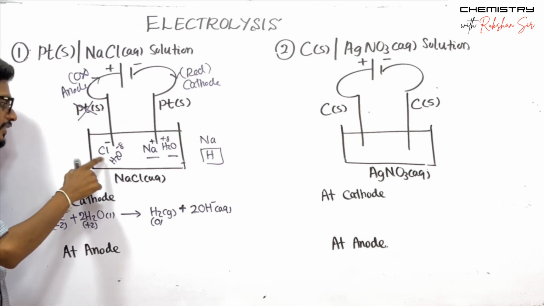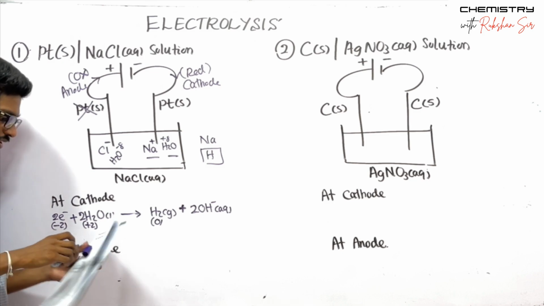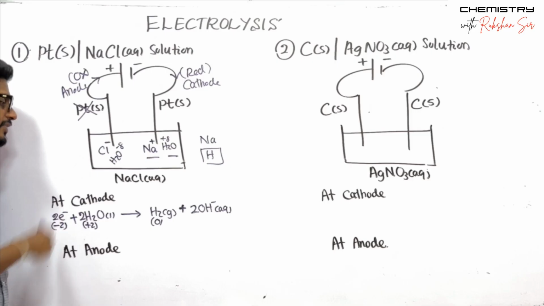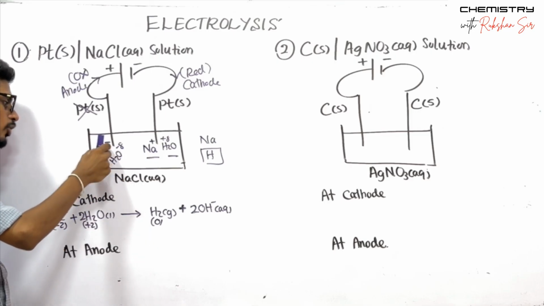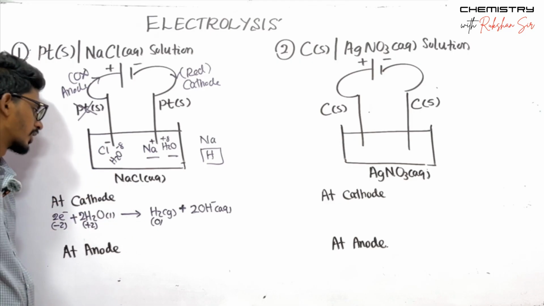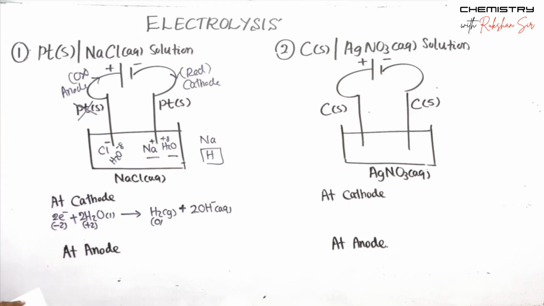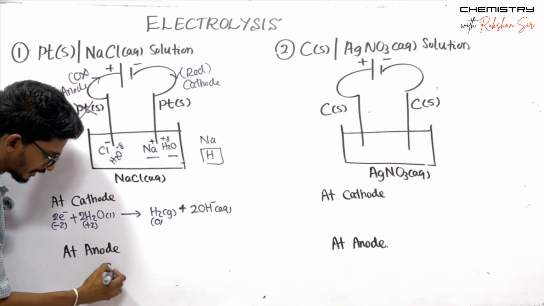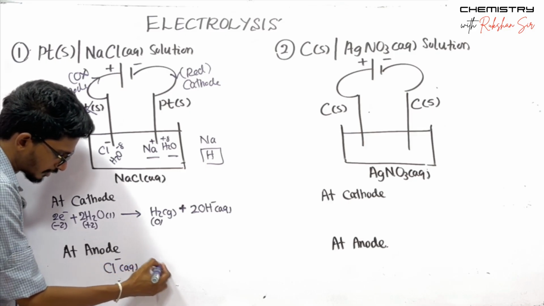Inert metal. Then we have to consider the stuff appearing in the solution. So you have Cl minus. Before the water, negative ions are involved, other than the polyatomic oxygen ions. This is not a polyatomic oxygen ion, so Cl minus is the one to get oxidized here. Cl minus will oxidize to Cl2.